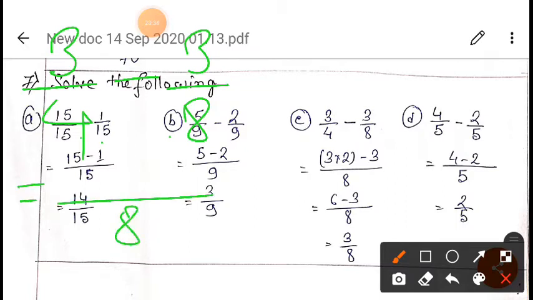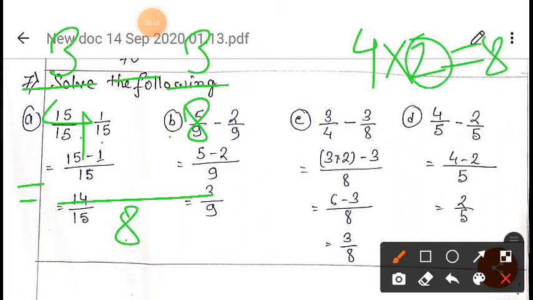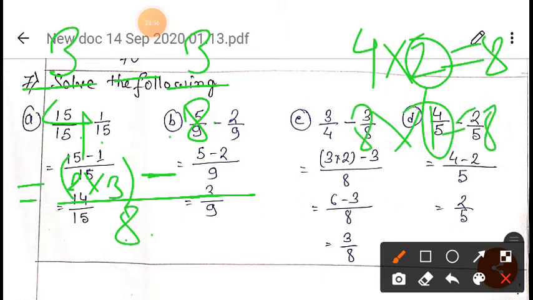After that, in the multiples of 4, when 8 comes, 4 into 2 is 8, right? So this 2 will be multiplied with this 3. As you can see, 2 into 3 or 3 into 2, the thing is the same. Now 8 into 1 is 8, 8 ones are 8, right? So this 1 will be multiplied with this 3, 1 into 3.